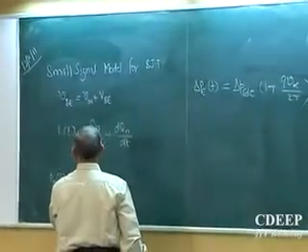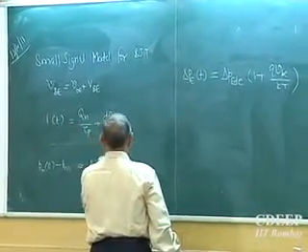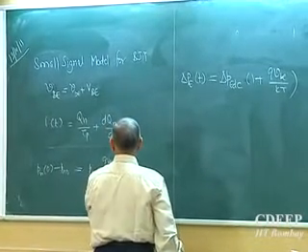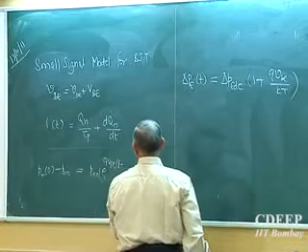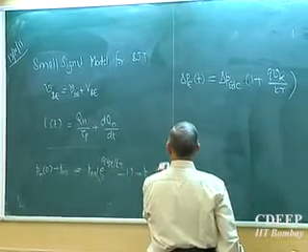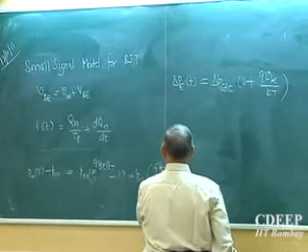Pn0 minus Pno is the excess, so Pno e to the power QVB by KT minus 1, and this VB I expanded, so e to the power QVB plus vb by KT minus 1.